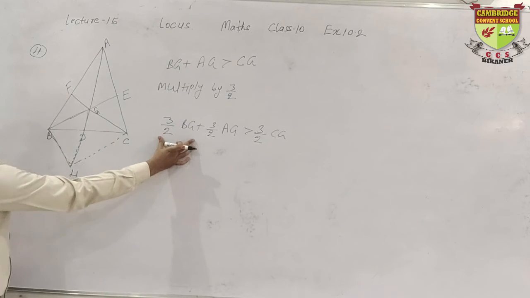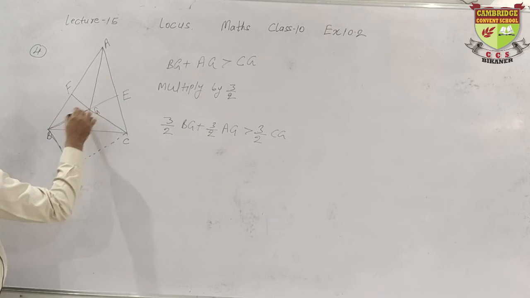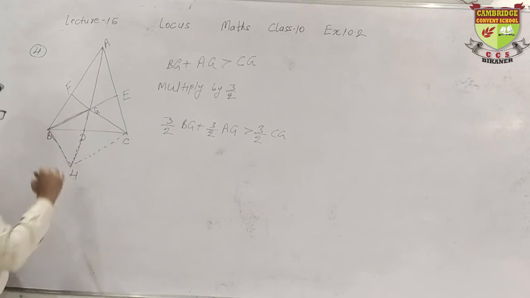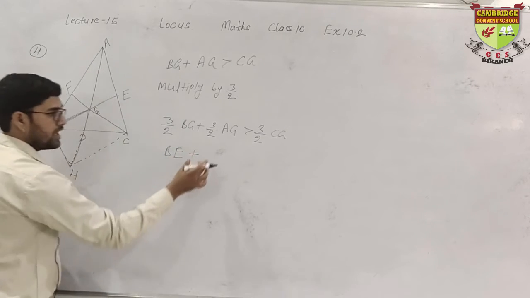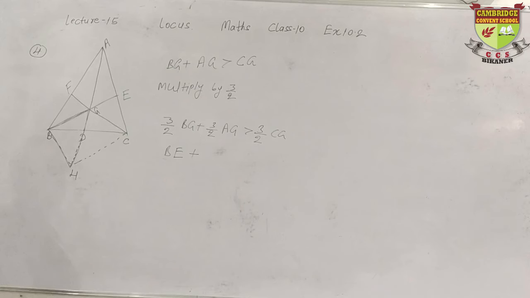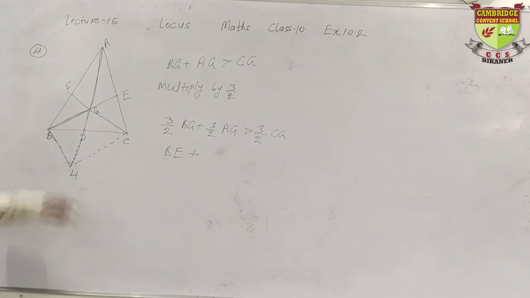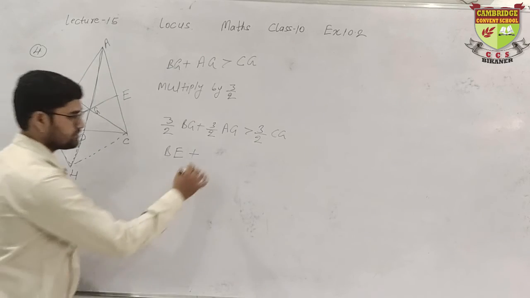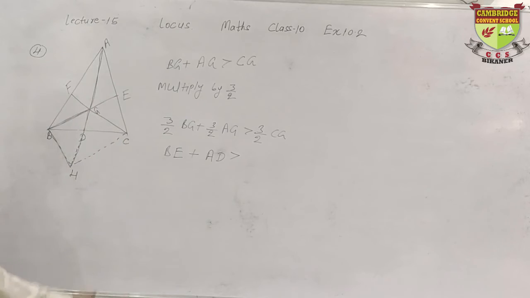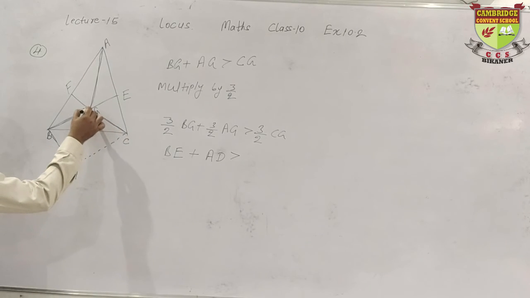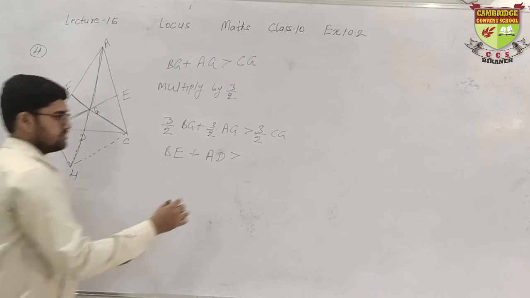When BG is multiplied by 3 upon 2, we get the complete side BE, right? BE plus, and again 3 upon 2 AG. When AG is multiplied by 3 upon 2, we get complete AD, greater than 3 upon 2 CG. When CG is multiplied by 3 upon 2, it becomes complete CF.